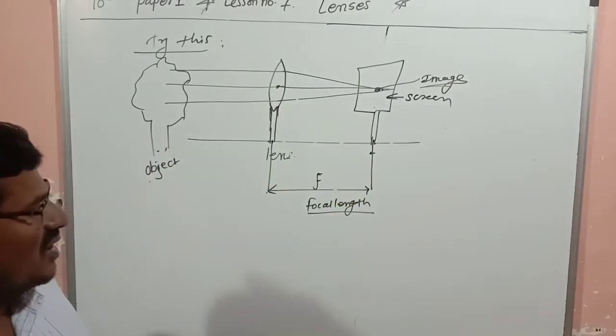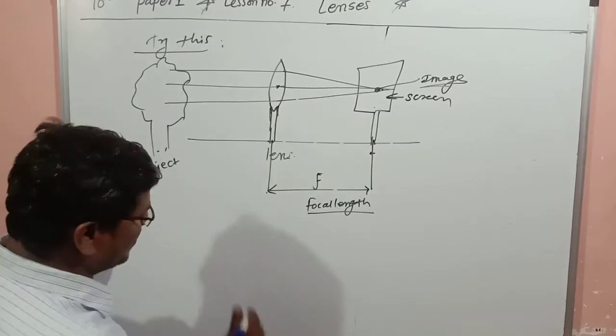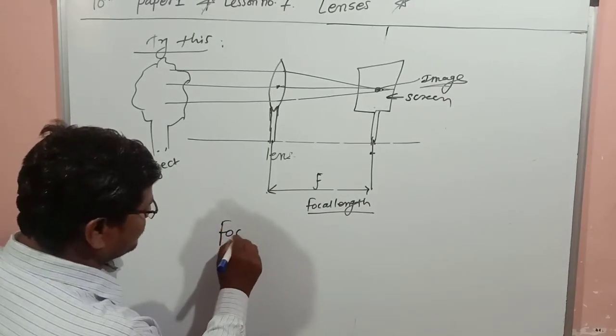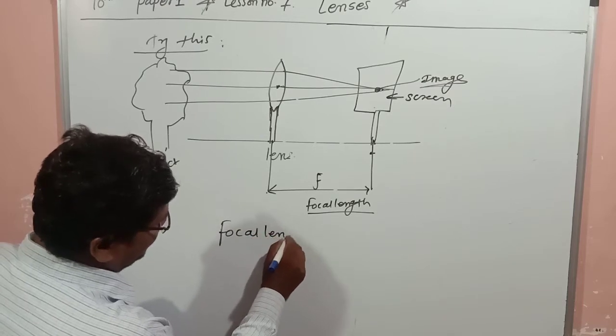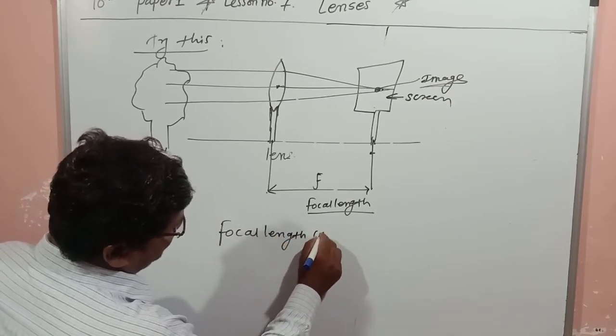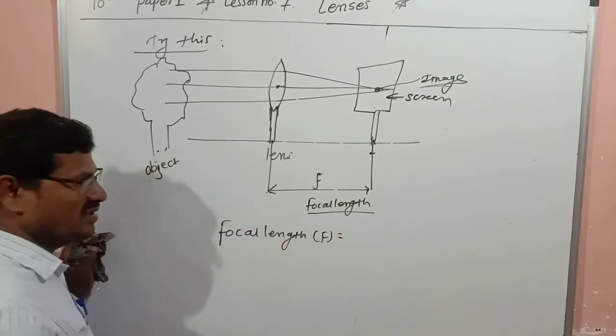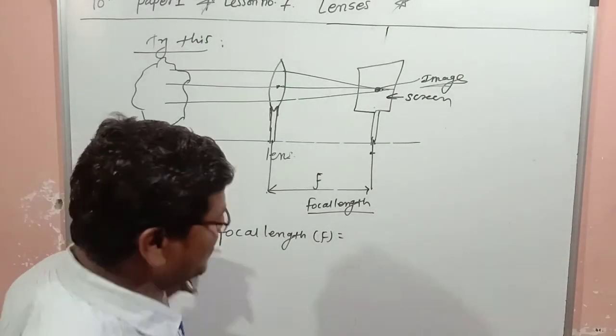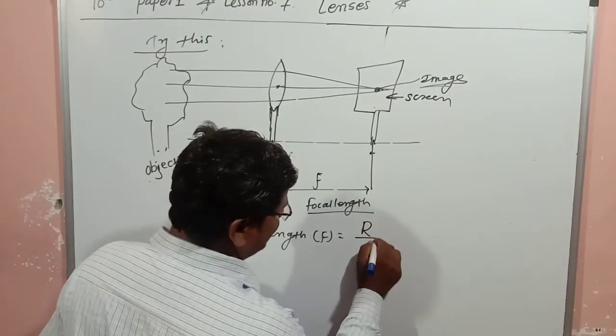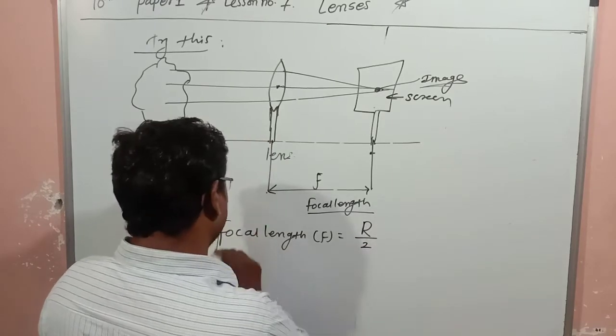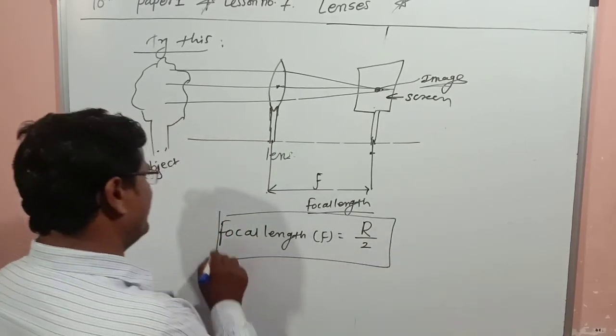Another thing you have to remember: focal length F is half of the radius of curvature, so F equals R by 2.